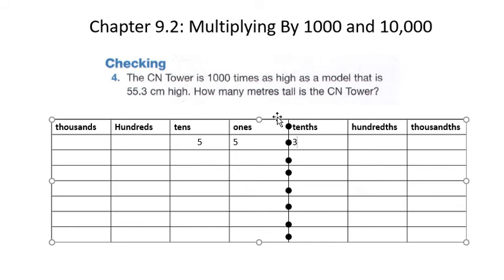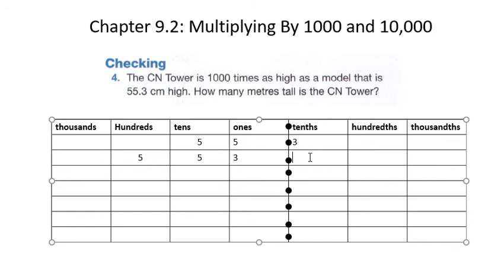If I multiply it by 10 again, that's like multiplying it by 1,000 because 10 times 10 times 10 is 1,000. So here's my 55.3. If I multiplied it by 10, my 3 tenths becomes 3 ones. My 5 ones become 5 tens, and my 5 tens become 5 hundred. So we multiplied it by just the 10 that time.